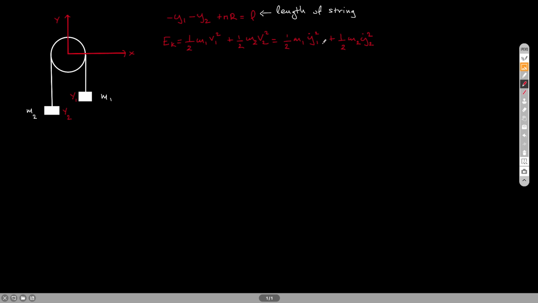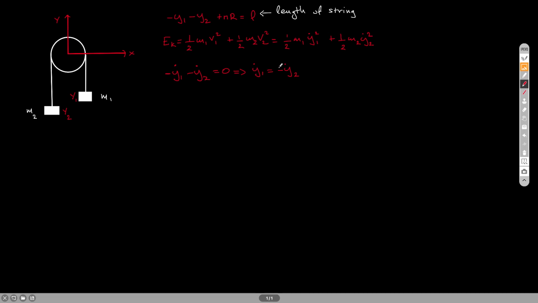Now, there is one way that I can make this expression a little bit more simple. I am aware of this constraint and I can use it in the following way. I can take the time derivative of all of these: minus y1 dot minus y2 dot. L is a constant, so its time derivative goes to 0, and pi r is a constant, so its time derivative goes to 0. This means that y1 dot is equal to minus y2 dot.